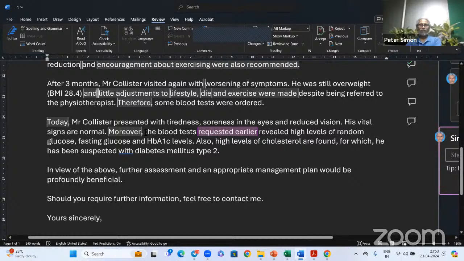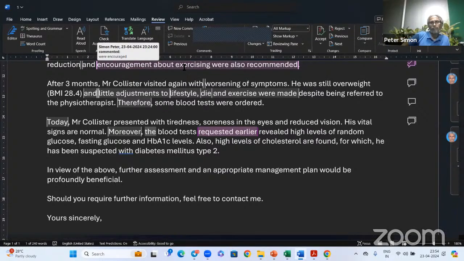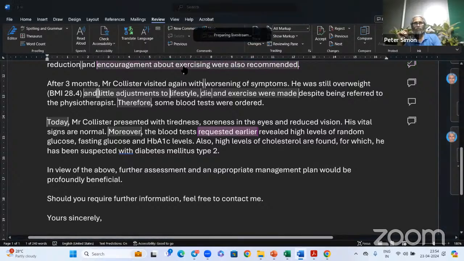A blood test revealed. That's enough. Blood test revealed. The capital letter.